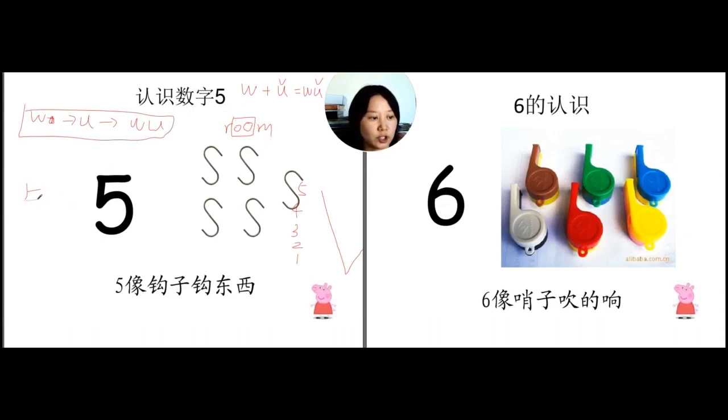If we say wu, this Chinese character 舞 means dance. 舞蹈, 跳舞 means dance, okay? And this wu means 5. They have the same pronunciation.